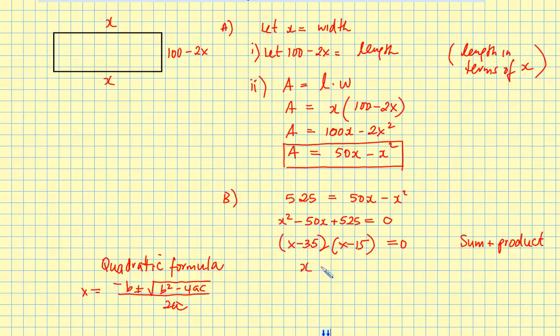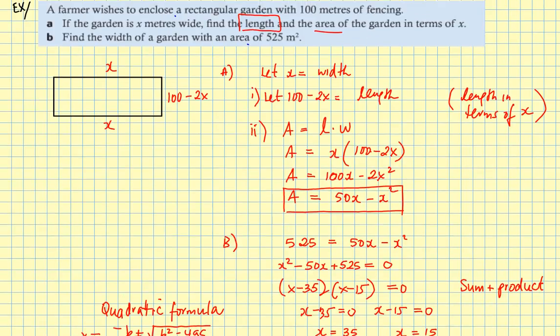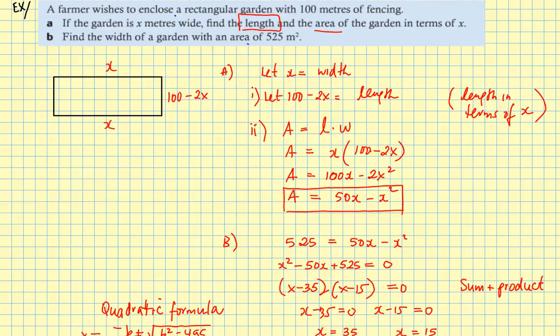Alright, so we know that x minus 35 is equal to 0, or x minus 15 is equal to 0, so x is either equal to 35 or x is equal to 15. Let's see what the question was asking: find the width of the garden.